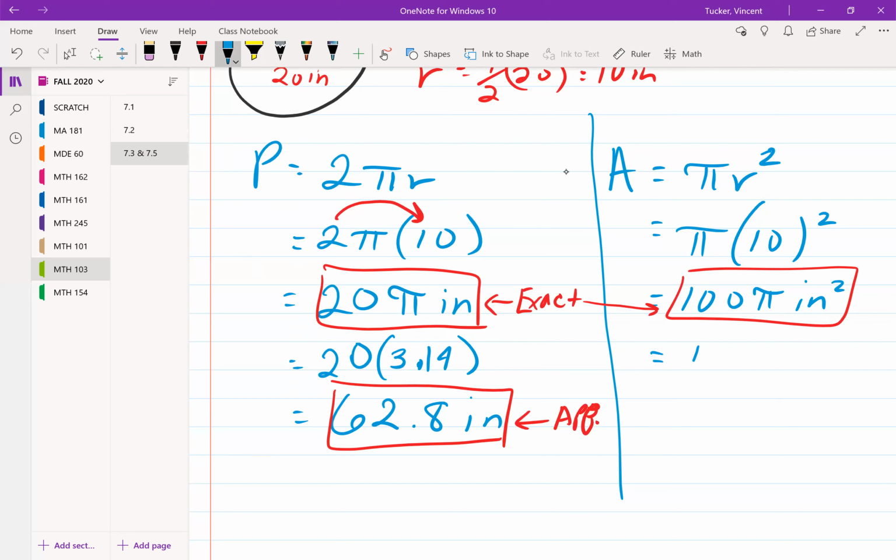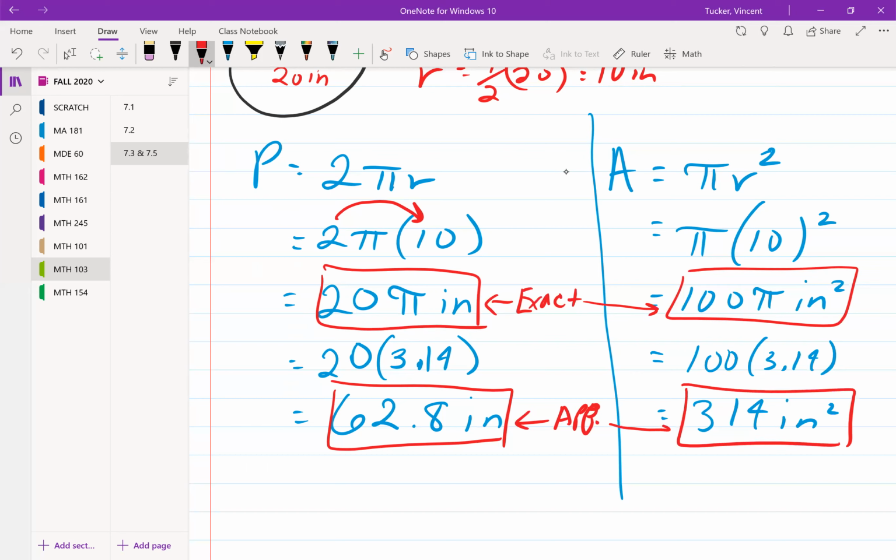Now to find the approximation, multiply the 100 times 3.14. That would be 314 squared inches. And that would be your approximation for your area. 100 pi is your exact. 314 is your approximation.